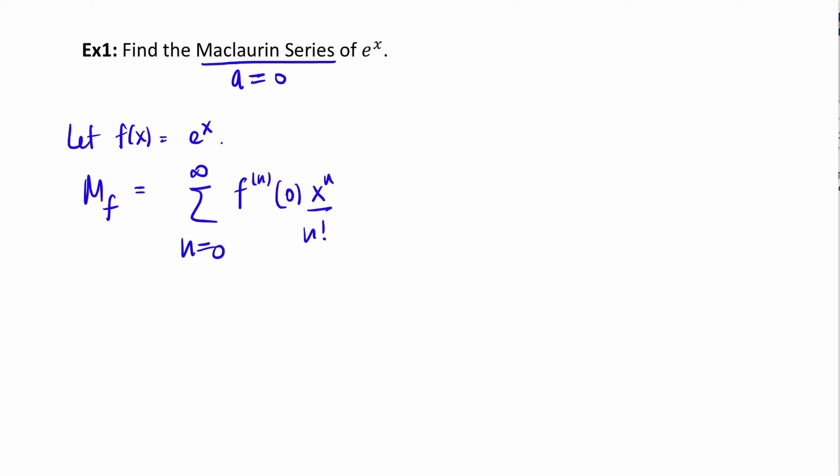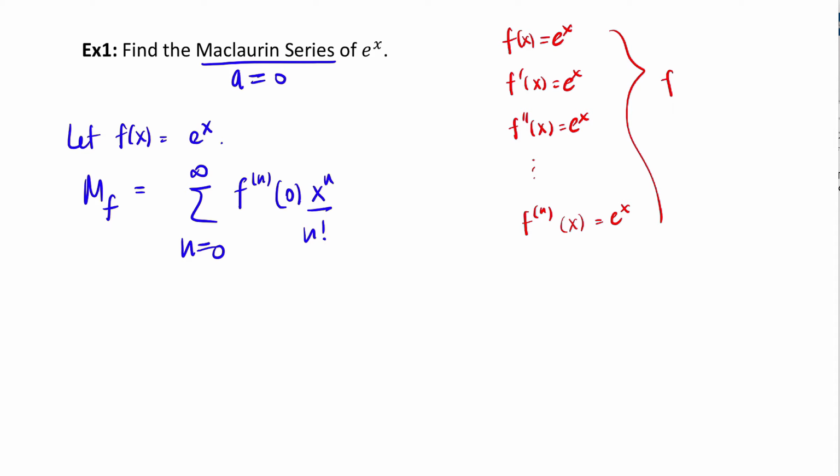The beauty of this is that if f of x is equal to e to the x, f prime of x is e to the x, f double prime of x is e to the x, the nth derivative of e to the x is e to the x. So when you plug in 0, you get 1 for all of them. So you can rewrite your Maclaurin series as the sum from n equals 0 to infinity of x to the n over n factorial.